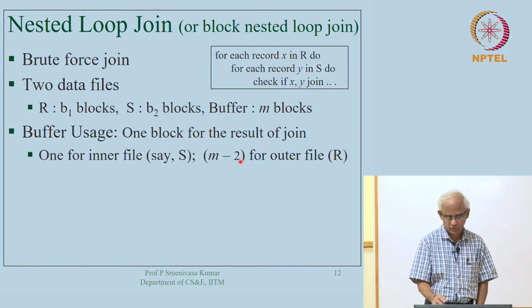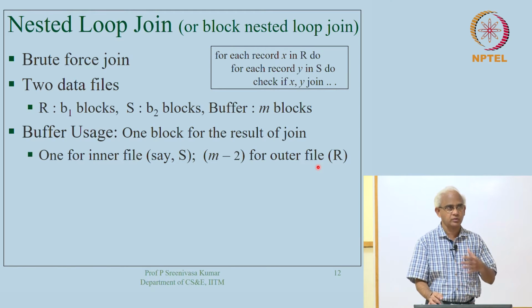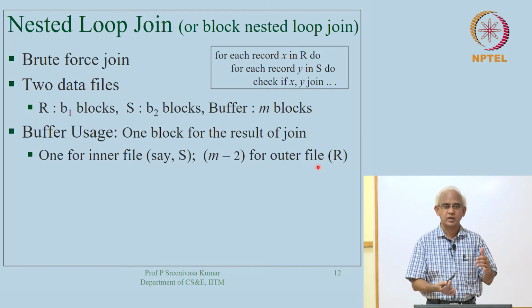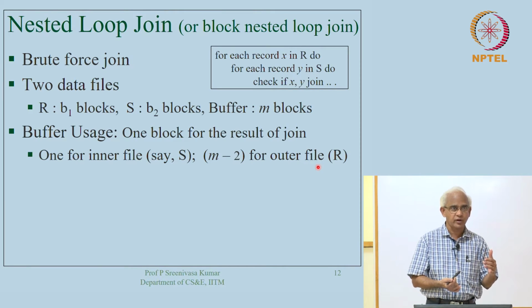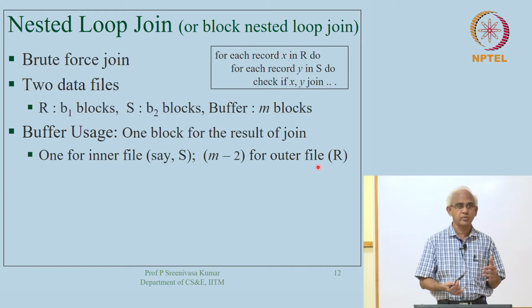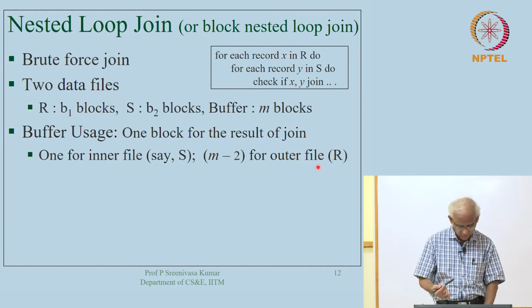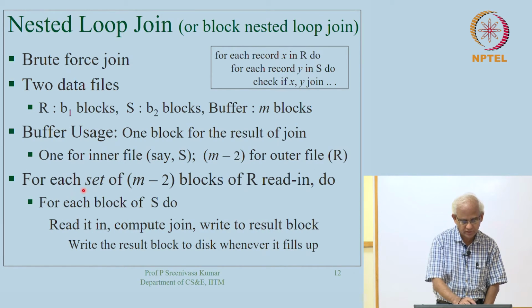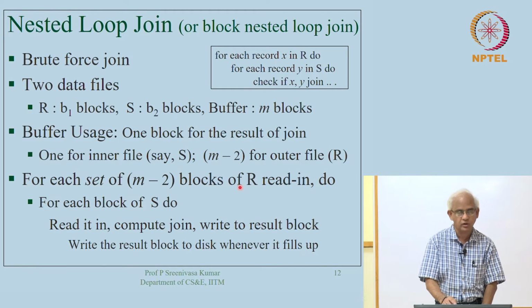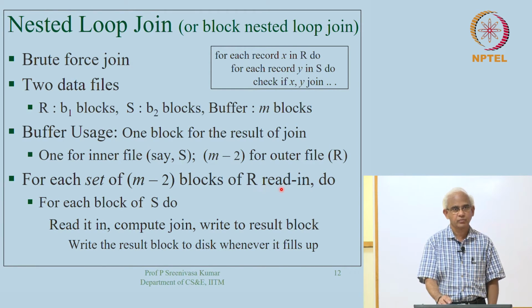The basic idea here is that since we are using external files, we will read as large a chunk of the outer file as possible into main memory and make full use of it before we move on to the next chunk of the outer file. So, for each set of M minus 2 blocks of R that are read in from the disk file corresponding to R, we will do this.